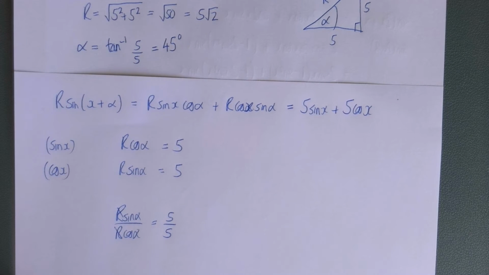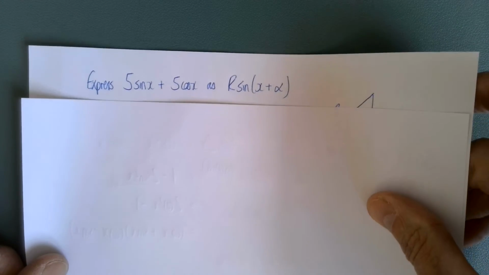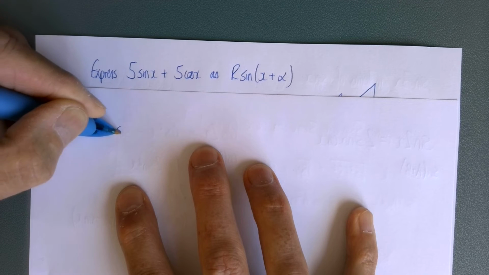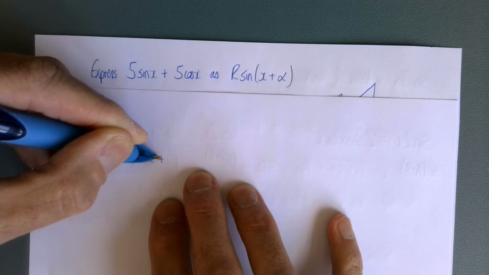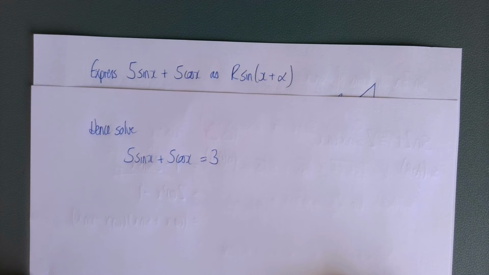Okay, so let's now take our original equation and let's say hence solve 5 sine x plus 5 cos x equals 3.